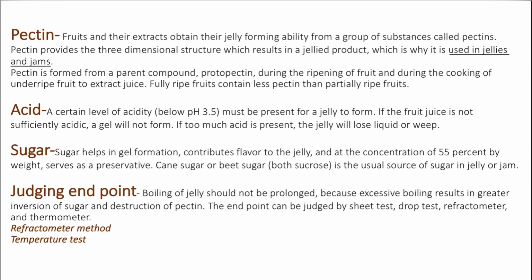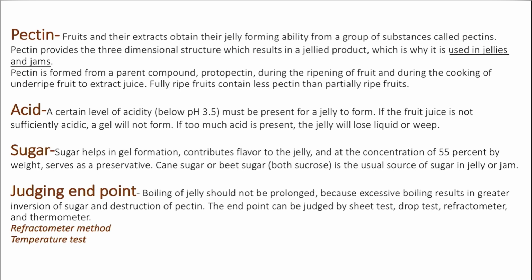In the early stage of fruit development, pectic acid is a water-insoluble protopectin, which is converted into pectin by the enzyme protopectinase during ripening. In overripe fruits, due to the pectin methyl esterase (PME) enzyme, the pectin gets largely converted into pectic acid, which is water insoluble.